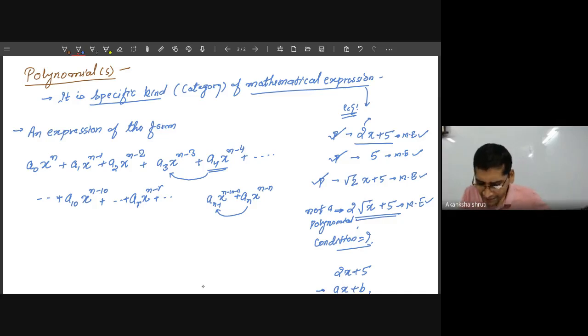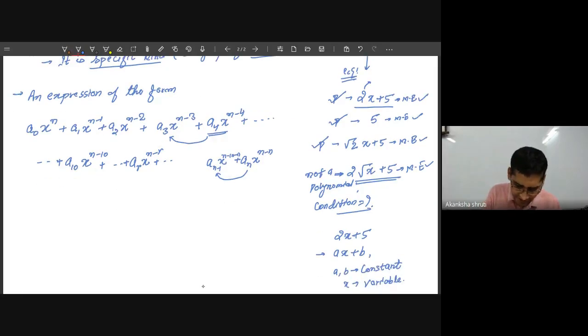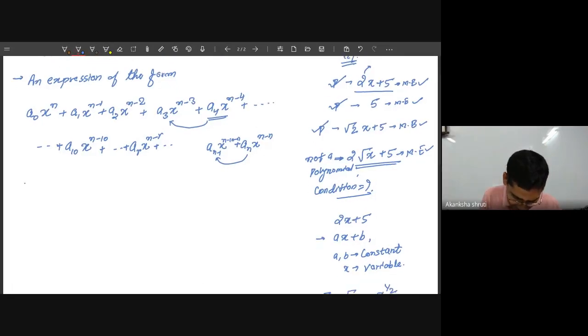Because can there be any other term beyond this an? There cannot be any term greater than this an. A student, this is the general way of denoting. Now you know that x to the power n minus n means x to the power 0.